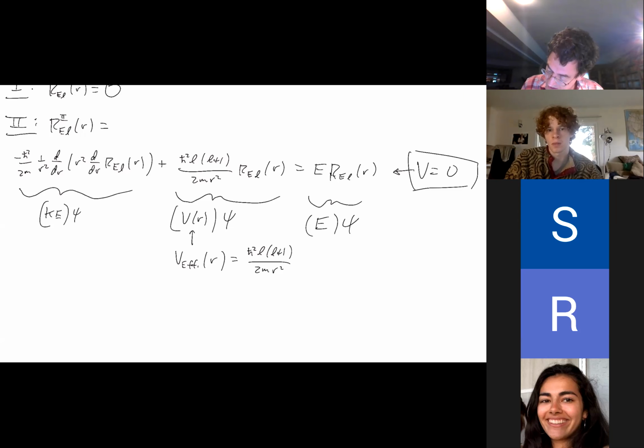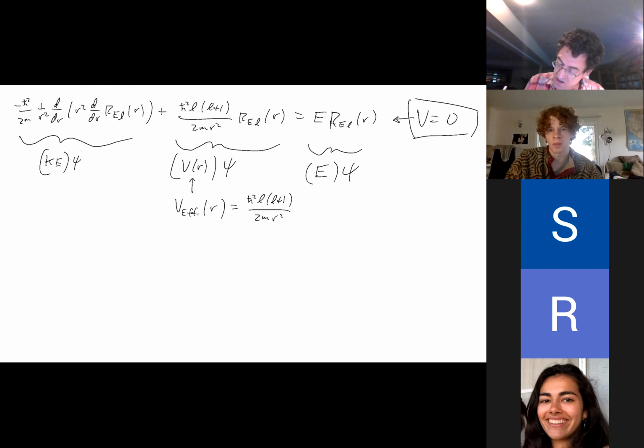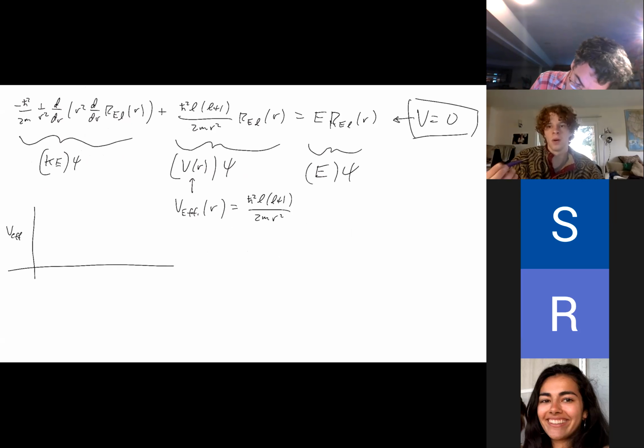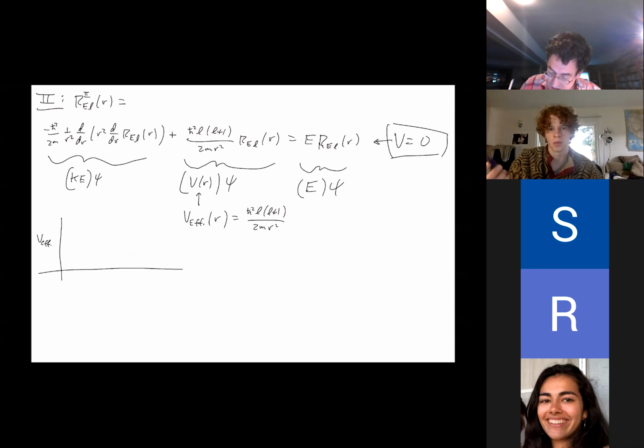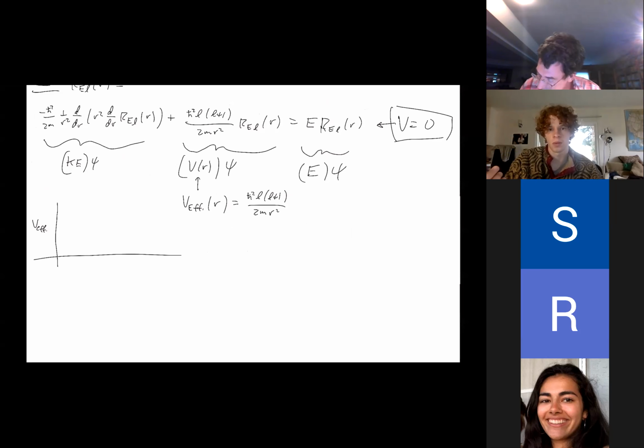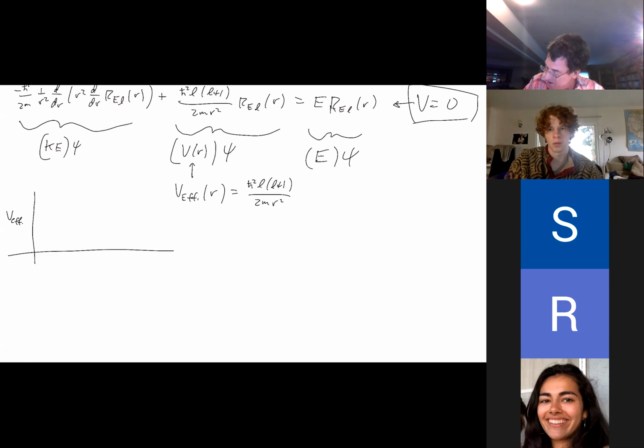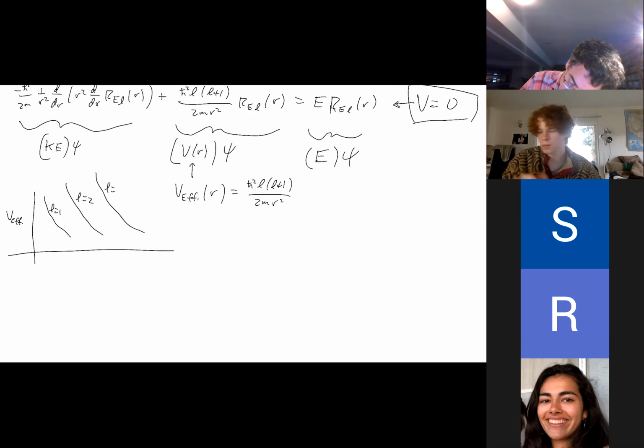I want you to see that, because if I plot this effective potential, you can see that it has these different values. This is L equals 1, L equals 2, L equals 3.